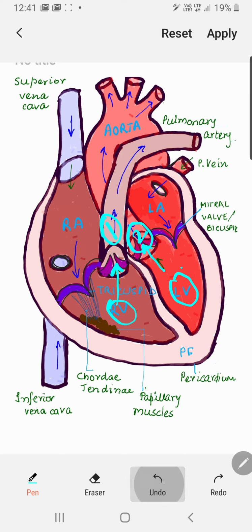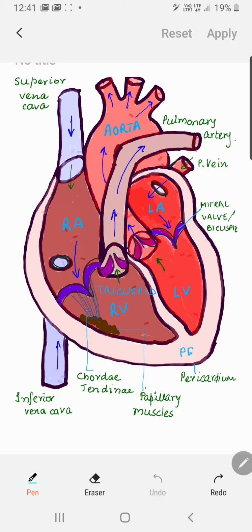Right? Let me clear the diagram. Once you have seen the incoming and outgoing vessels, children, what you have to see here is that at this place where the aorta is emerging out from the left ventricle, a few more arteries emerge and they cover the whole heart from the outer side.